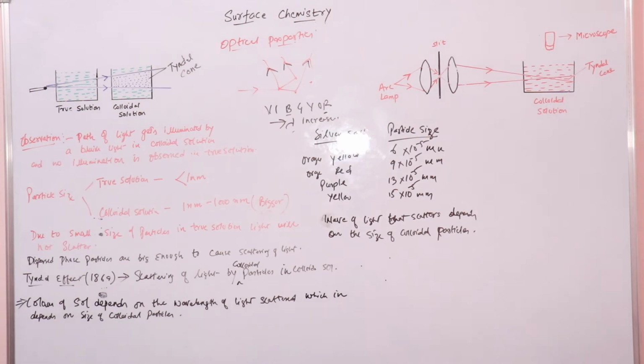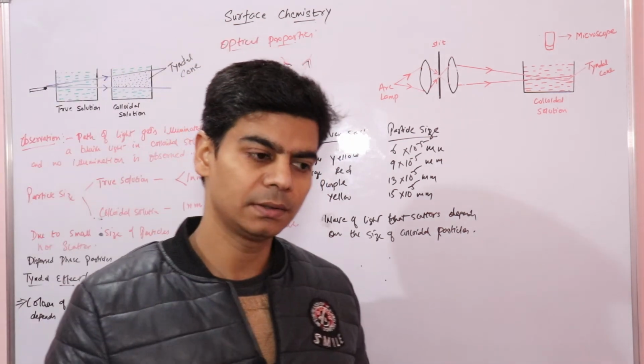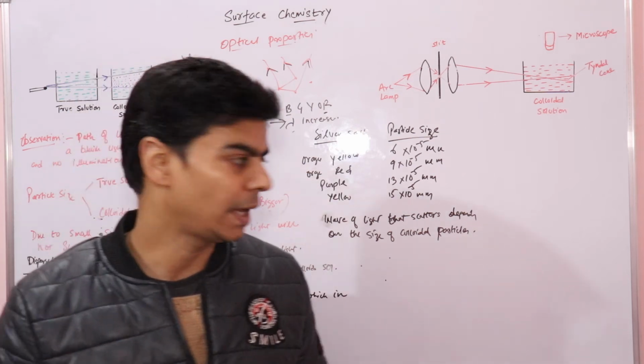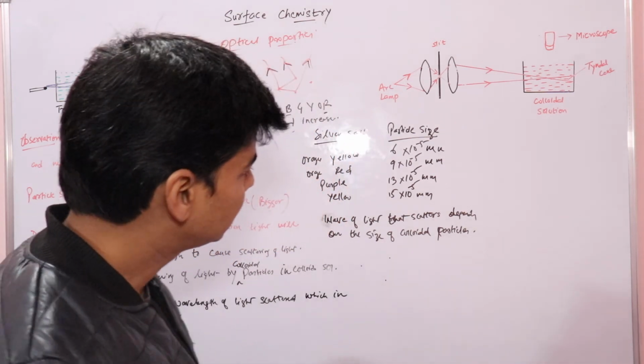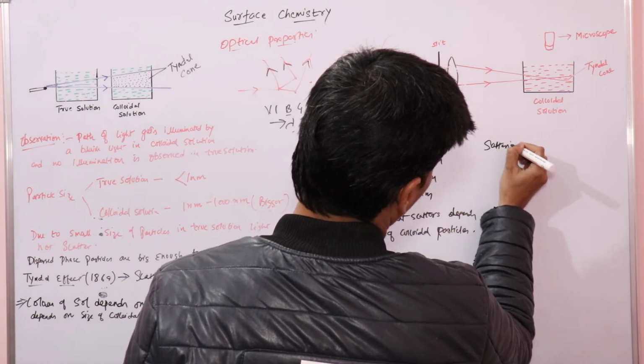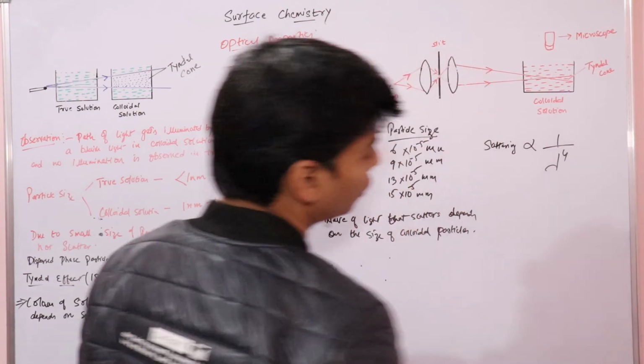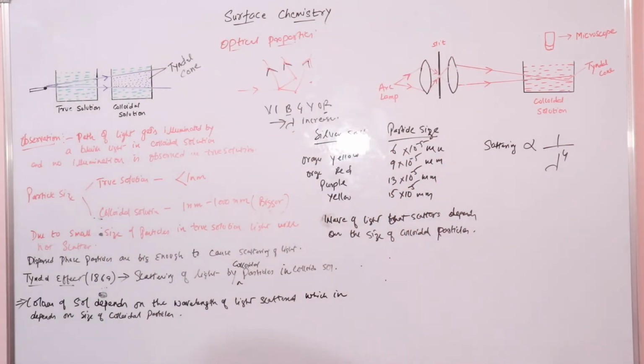Now, based on this, we have one more thing. In physics you might have read Rayleigh scattering. As per Rayleigh scattering, the scattering of light is inversely proportional to the fourth power of wavelength.